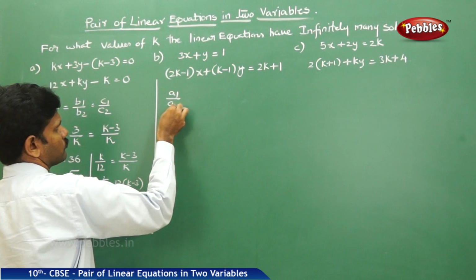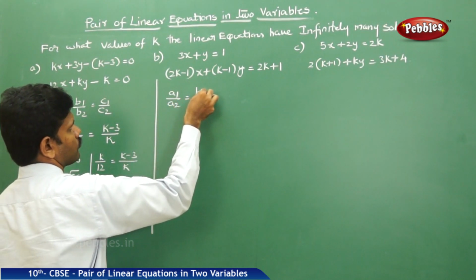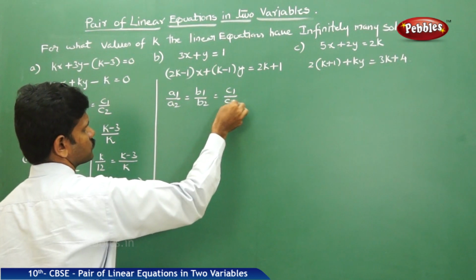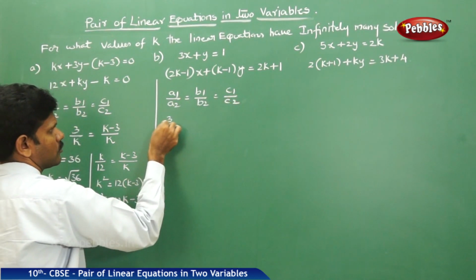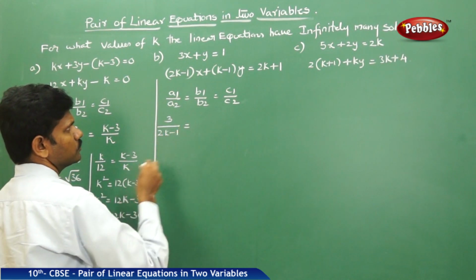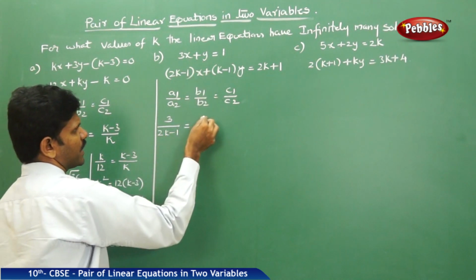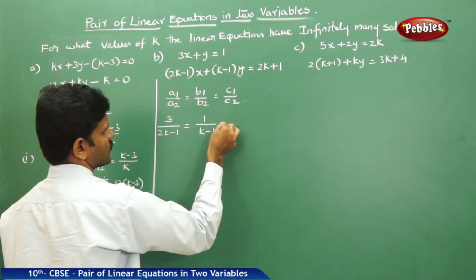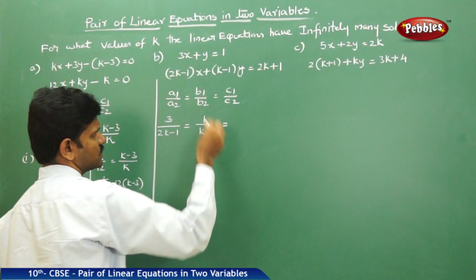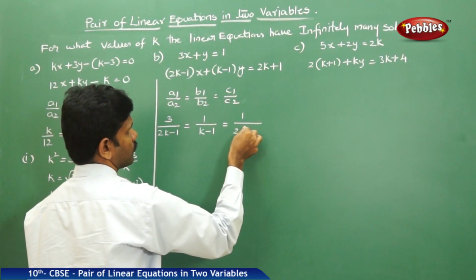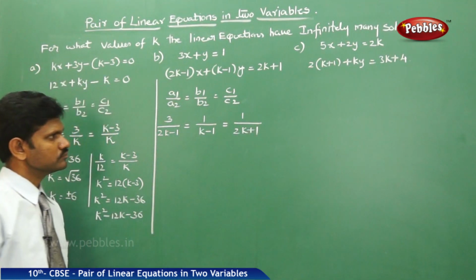A1 by A2 is equal to B1 by B2 is equal to C1 by C2. That is, 3 by 2K minus 1 is equal to 1 by K minus 1 is equal to, bringing both the parts inside, that is C1 by C2, 1 by 2K plus 1.